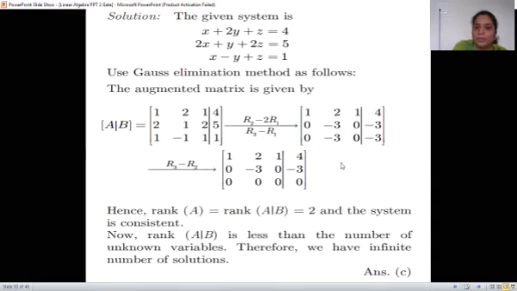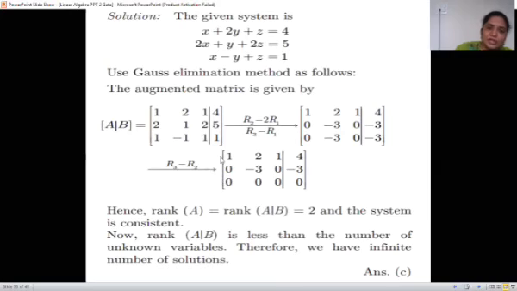But while doing this we got 2 rows the same, and if we try to make 0 here, everything will become 0. So R3 minus R2 will give you 0 and 0. So everywhere it is 0. If we talk about only the A part, the rank is 2.